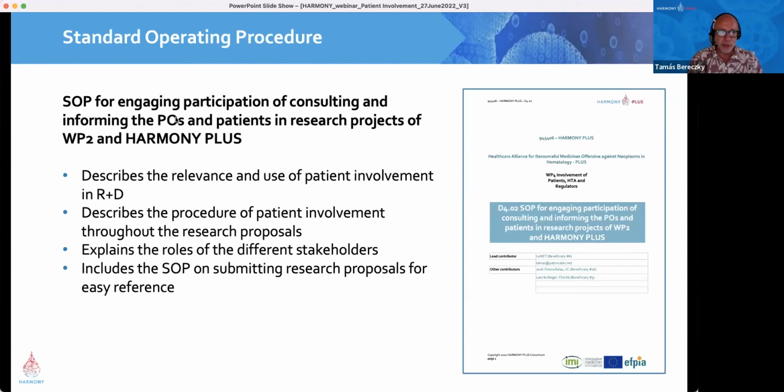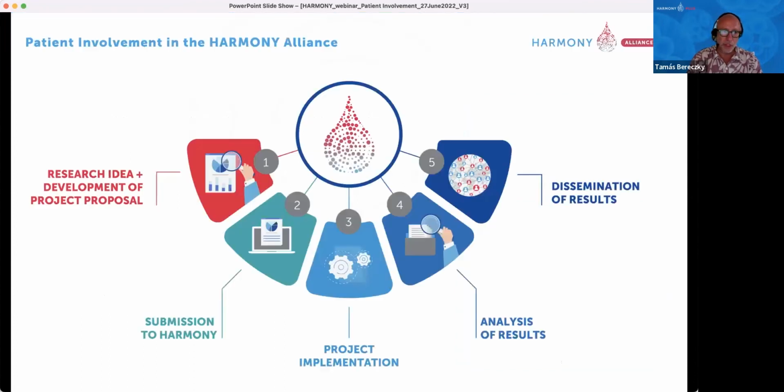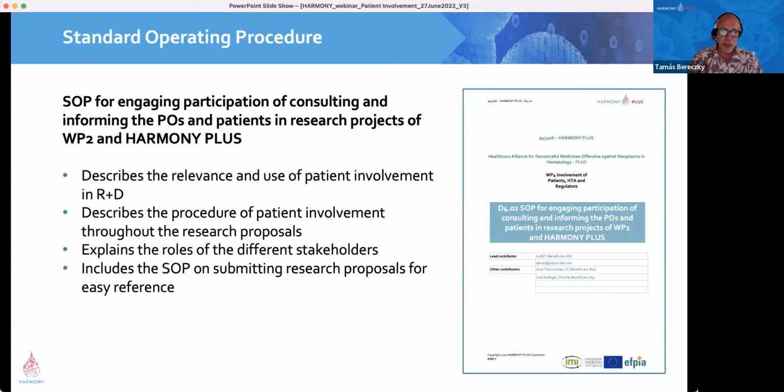The official title is Standard Operating Procedure for Engaging, Consulting and Informing the Patient Organizations and Patients in Research Projects of RA Package 2 and Harmony Plus. And essentially what you find in the standard operating procedures is a description of the relevance and use of patient involvement in medicines research and development, or biomedical research and development, very similar to what Jan has just explained to you.